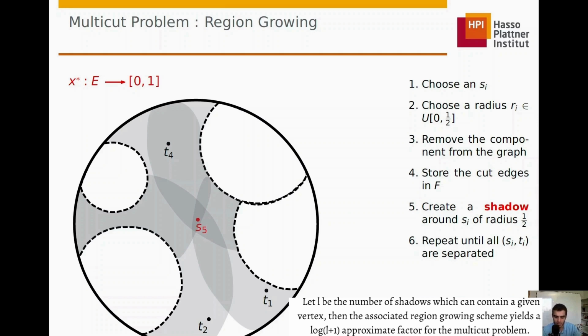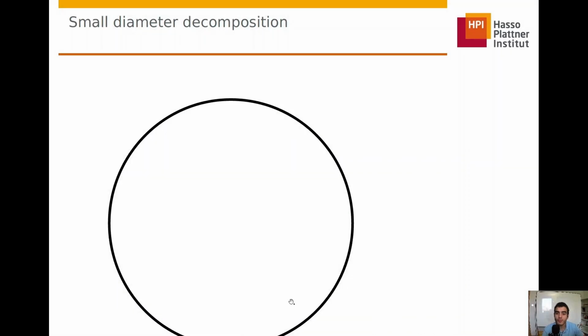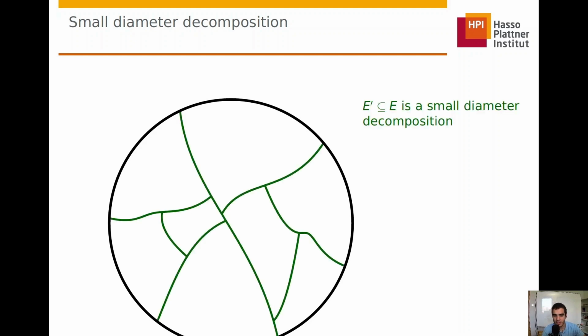So now 2 more definitions to go and we will be ready to go to the algorithm of the paper. A small diameter decomposition is just a subset E prime of the edges of the graph, so that when they are removed from the graph, we are left with components with small diameter.